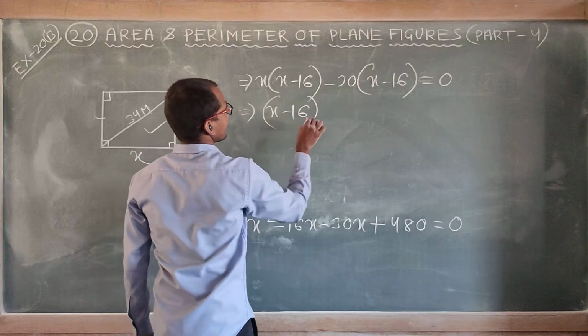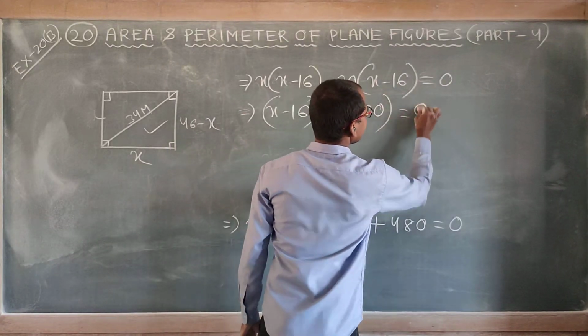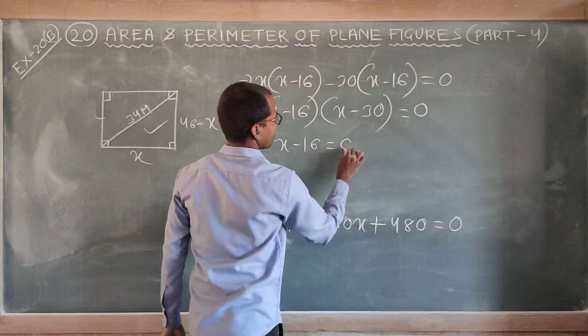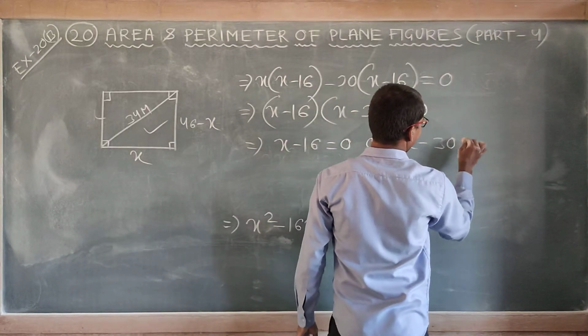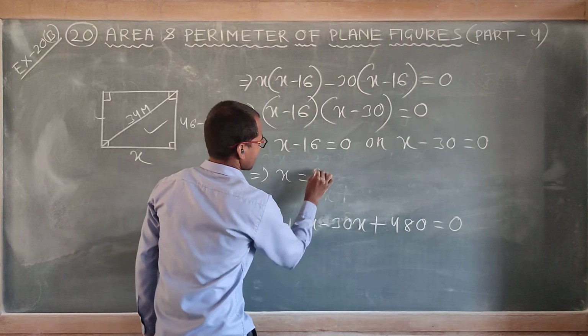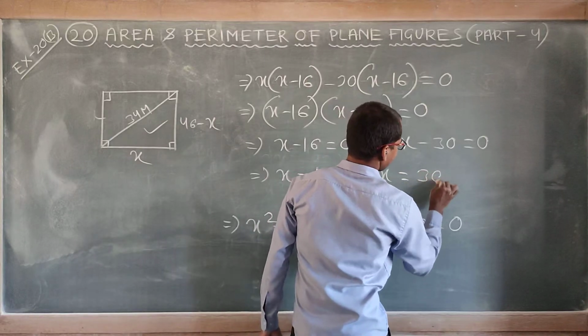So (x minus 16) is equal to 0. As you solve a quadratic equation, in that way I am solving. x is equal to 16 or x is equal to 30.